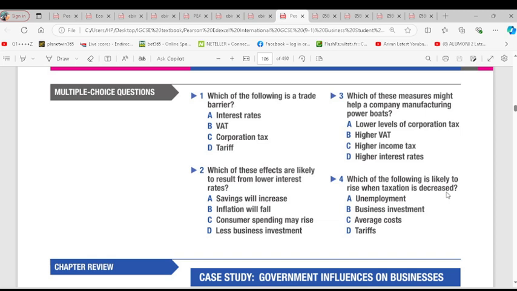Question 3. Which of these measures might help a company manufacturing power boats? Power boats, you know boats, right? A company that manufactures it, that builds it. So that's the point there.